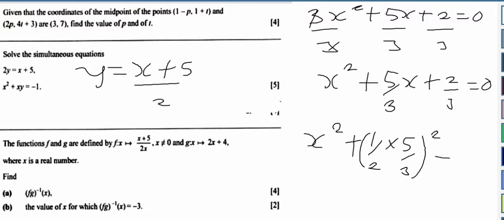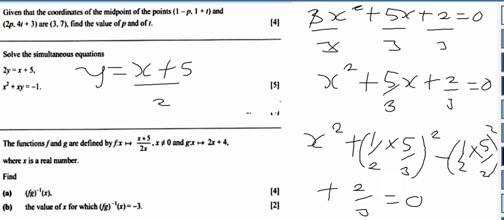Similarly, I'm going to subtract the same thing here, which is open bracket 1 over 2 multiplied by 5 over 3, then close. Then I'm going to square. Now the last thing that I'm remaining with is this one here. So I'm going to say plus 2 over 3 being equal to 0. Okay. So from there now I'm just going to multiply.